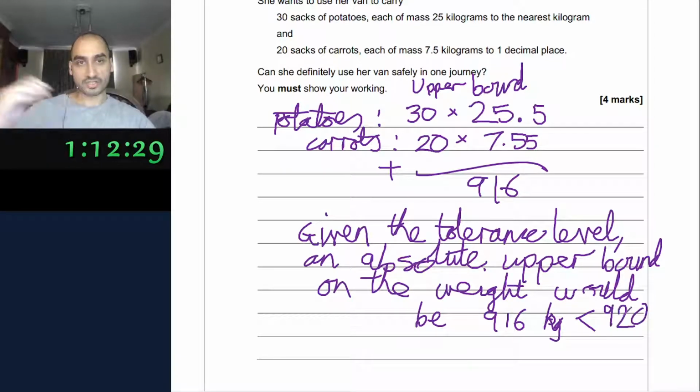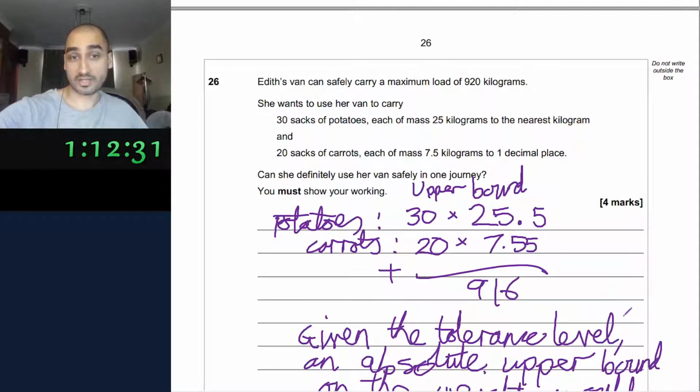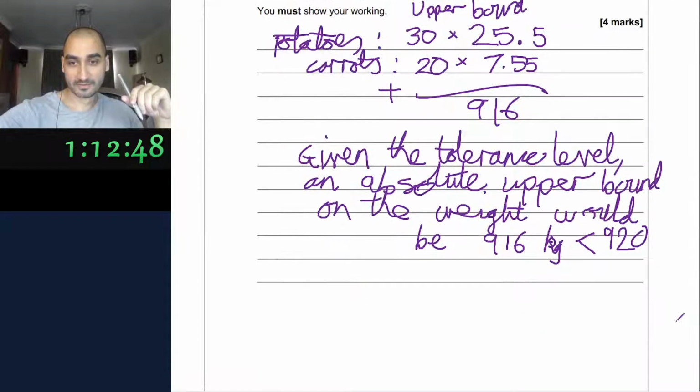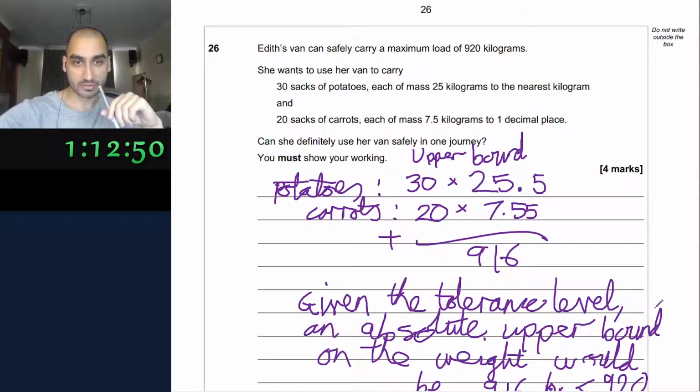But how much does Edith weigh? They didn't tell us that, did they? So I would argue that she can't use her van safely in one journey. Edith may weigh more than 4 kilograms. But they do specify load.